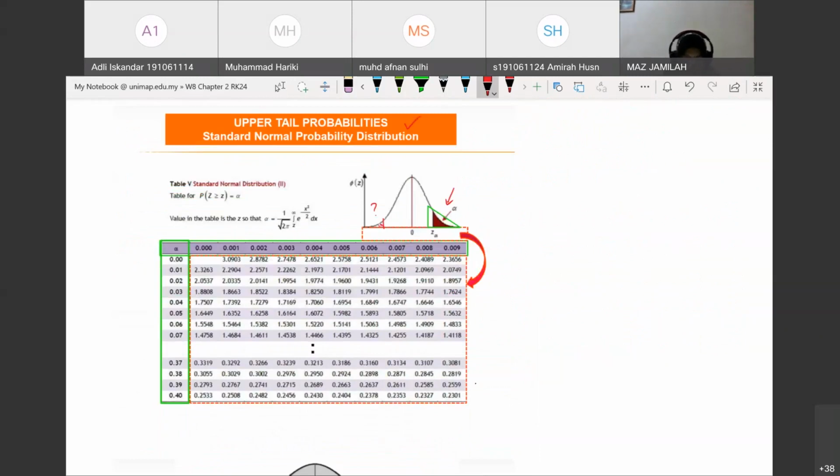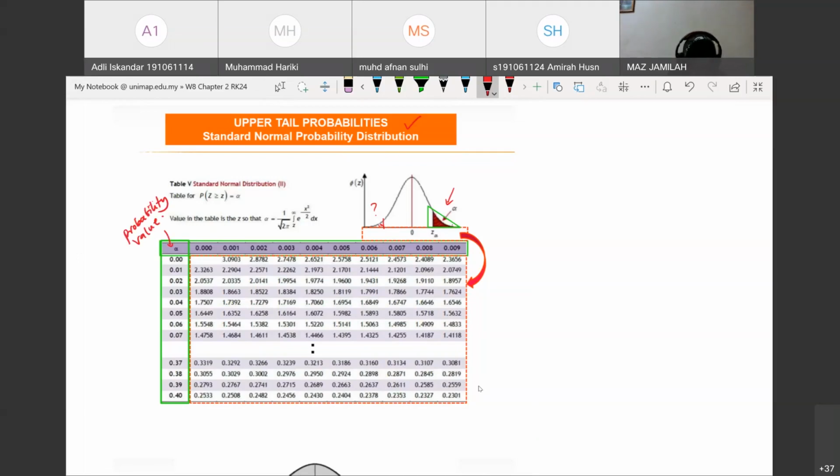Now, what will be the difference between the first and the second? If you can see clearly in the shaded green box, the alpha here is referring to the probability values. So this is your alpha, the shaded area.